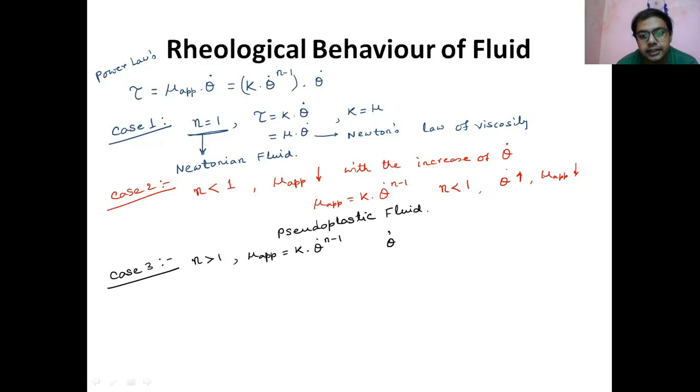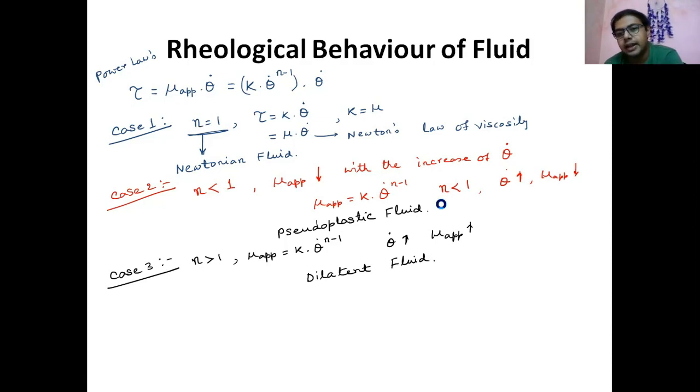So if you increase theta dot, your apparent viscosity also increases. So it is shear thickening. If you increase theta dot, your apparent viscosity is also increasing continuously. This kind of fluid is known as the dilatant fluid.